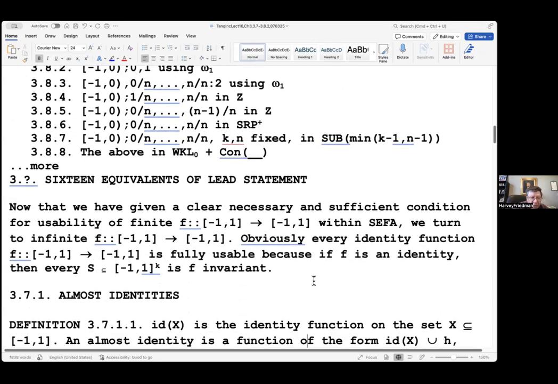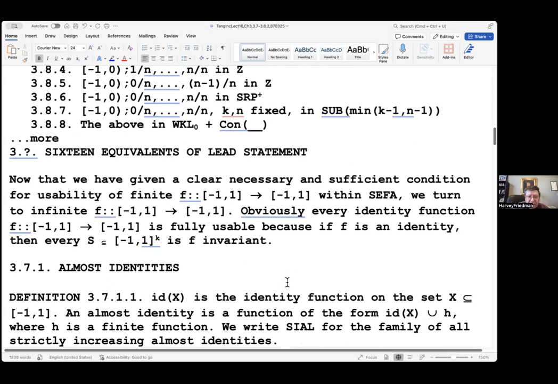All right, so now let's start. So now that we've given a clear, necessary, and sufficient condition for usability of finite functions within strong exponential function arithmetic, the S means iterated exponentiation, we turn to infinite F. Obviously, every identity function is fully usable, because if F is an identity, then every subset is.